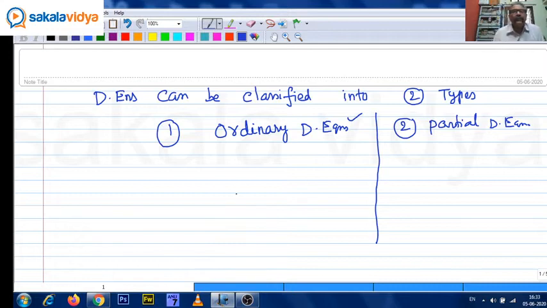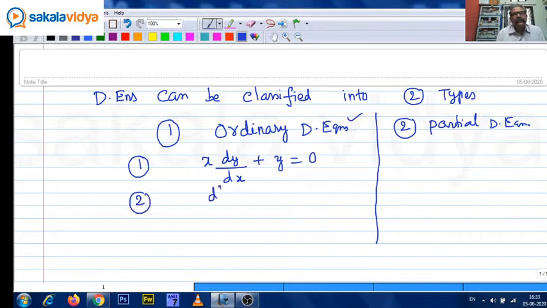So an ordinary differential equation example we can write like this. Just now we have discussed x dy by dx plus y equals 0. Another example we discussed: d2x by dt square plus omega square x equals 0.